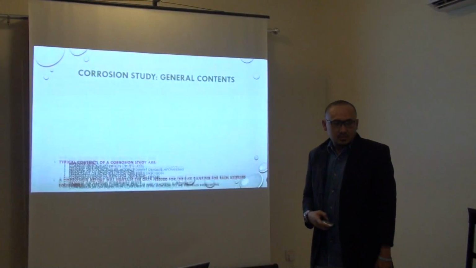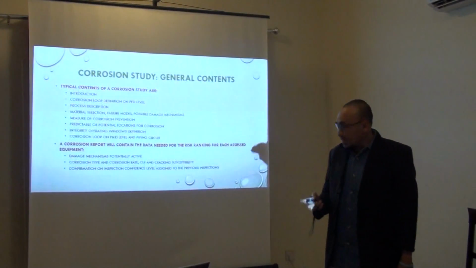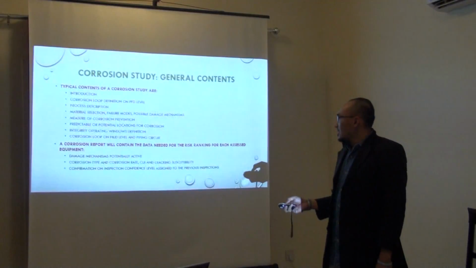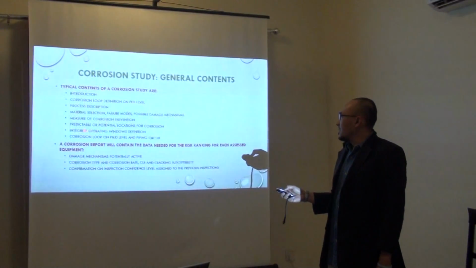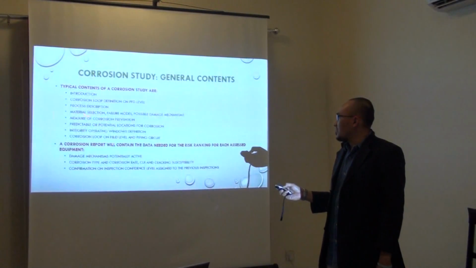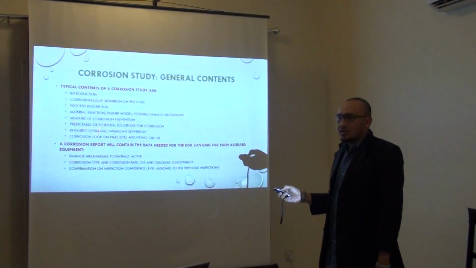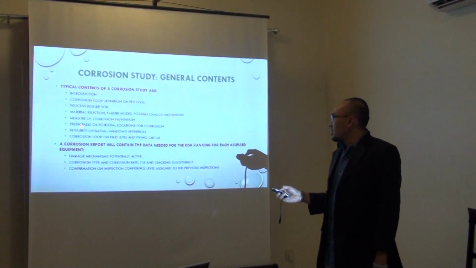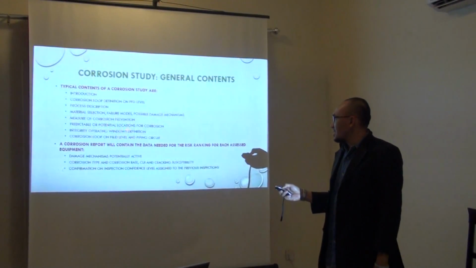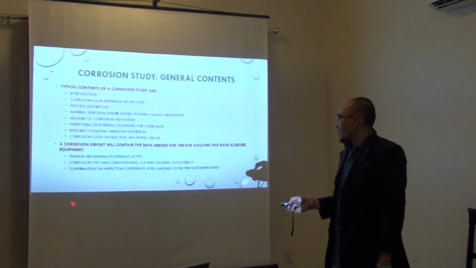The corrosion study general content has the introduction, corrosion loop, process description, material selection, measures of corrosion prevention, predictable or protected potential locations, integrity, and the corrosion loop also available.